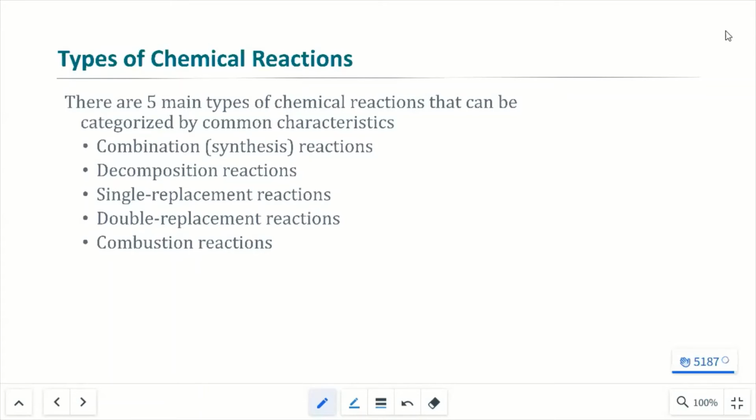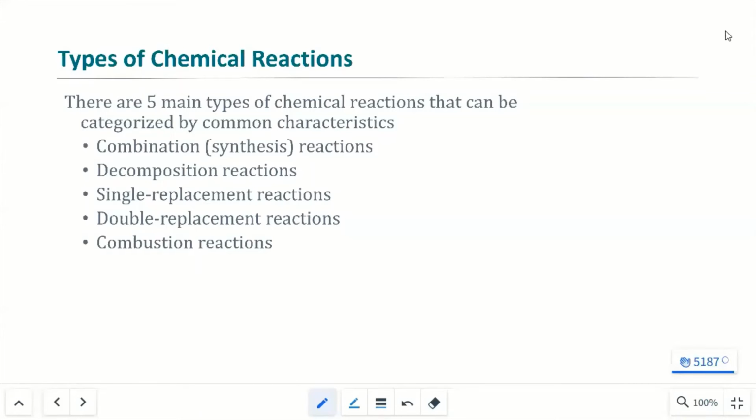Because replacement reactions can be balanced by kind of the same process, but slightly different than combination, decomposition, and combustion, which tend to be very focused on that double subscript, double coefficient kind of method.